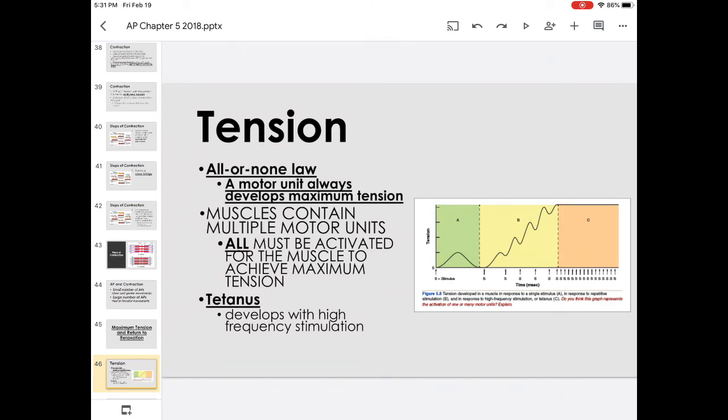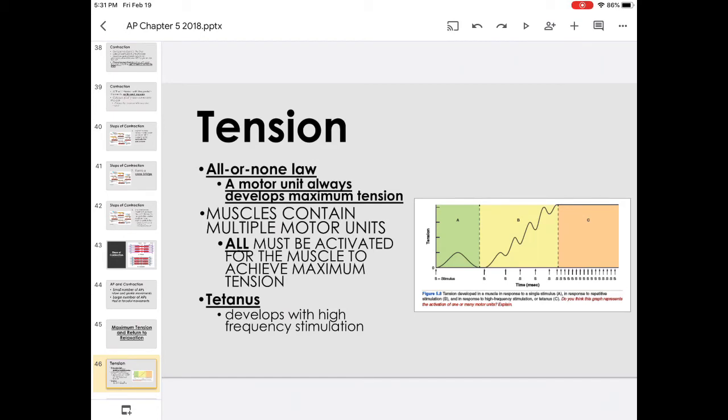Okay, now we're going to talk about tension and relaxation. Tension is also known as the all or none law. Basically, when you receive an action potential, a specific motor unit will always develop a maximum amount of tension.